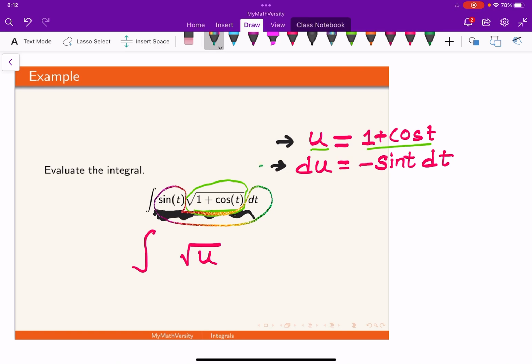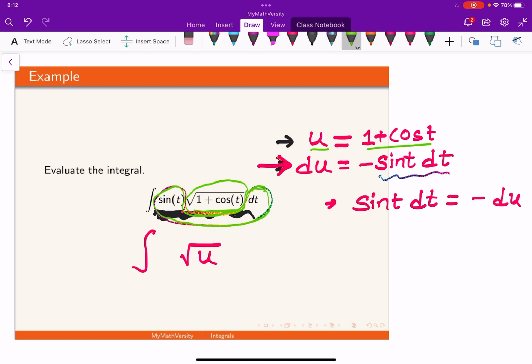If you look at the second relationship that we have obtained, here is sine t multiplied by differential dt.